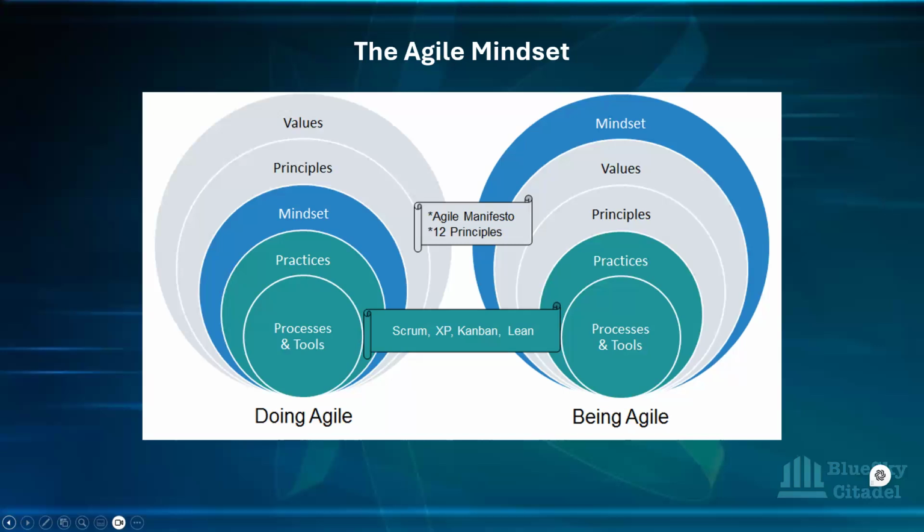And then you grow and you metamorphose into being agile. Being, on the other hand, is the culture-based stage, where you are now aligned with those core values and principles as an individual or as a team. It focuses on why we do it. Why do we need to do it?